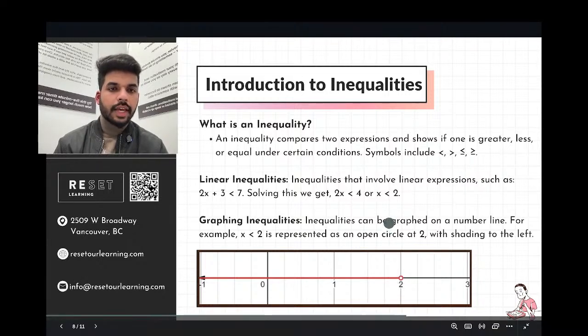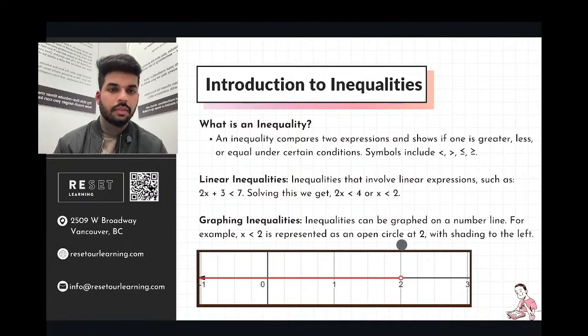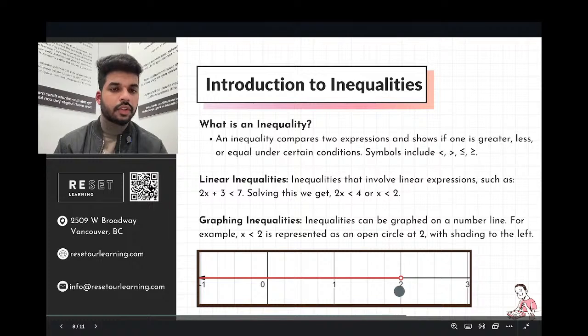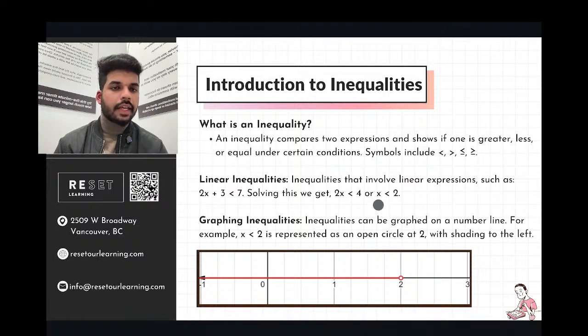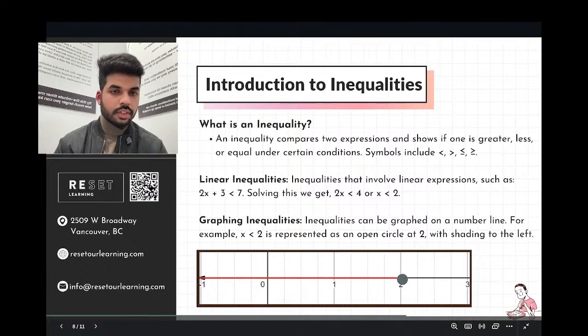So in this case, x is strictly less than 2. We won't be including 2. That's why we have an open circle. But if it was x less than or equal to 2, we would have put a closed circle, a solid dot here. That means x can also be 2, and any number less than 2.